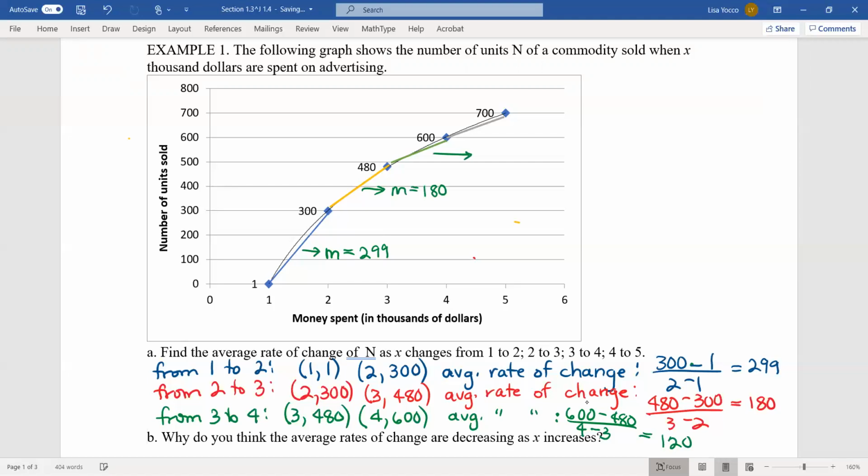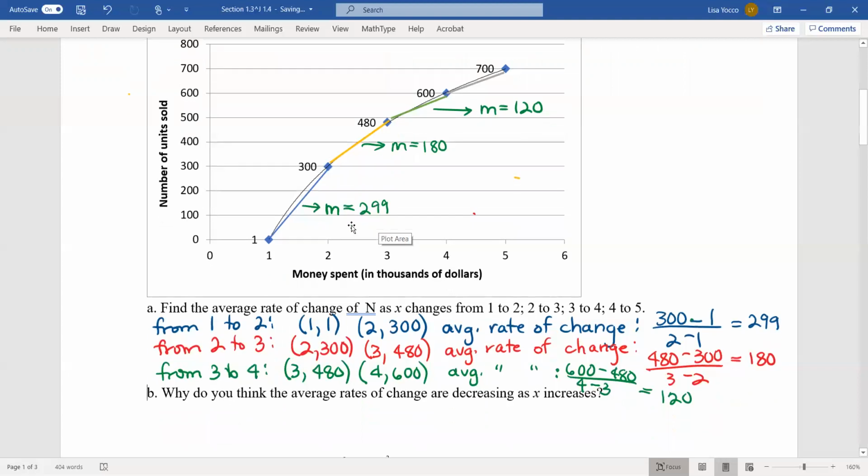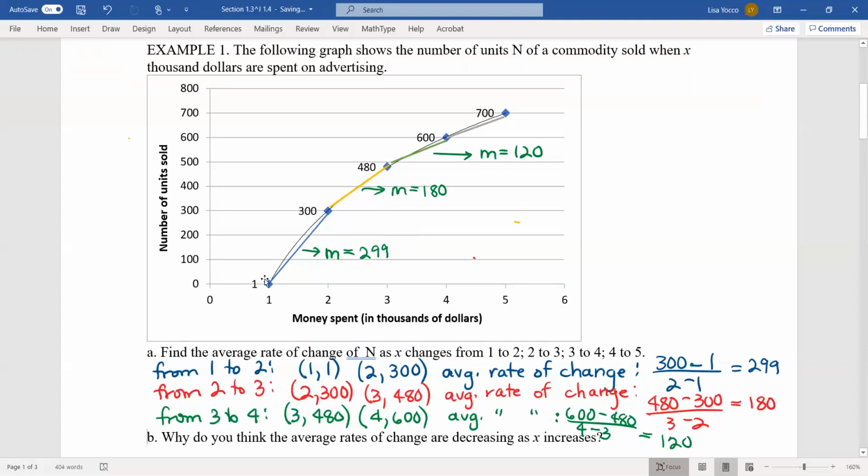For the little green segment, the slope is 120. So then it says, why do you think the average rates of change are decreasing as X increases? As we go from the first point to the second, second to the third, third to the fourth, and so on, the slopes are decreasing.